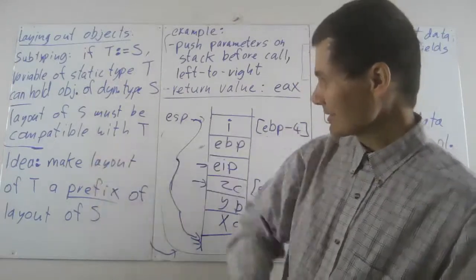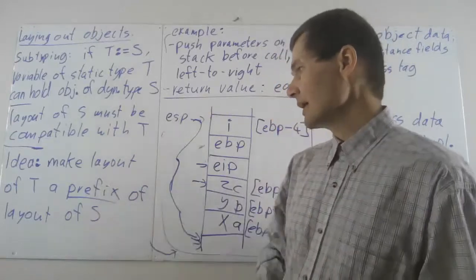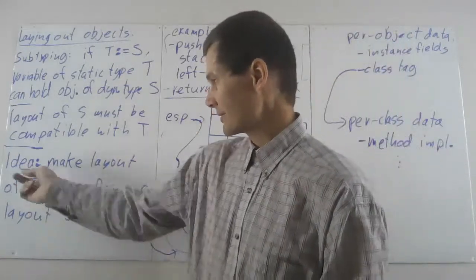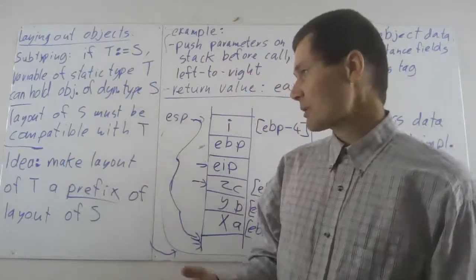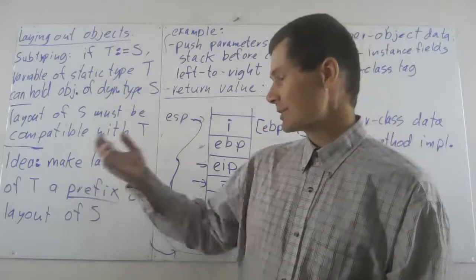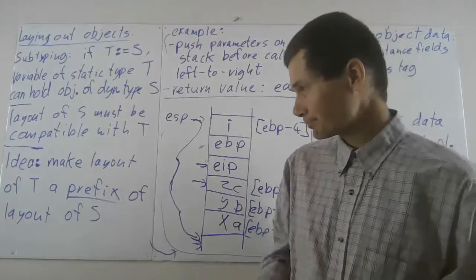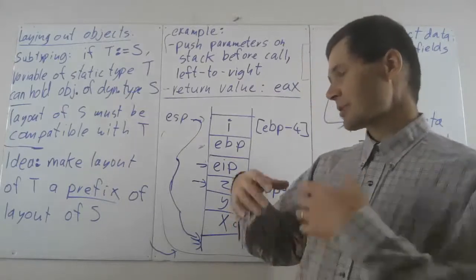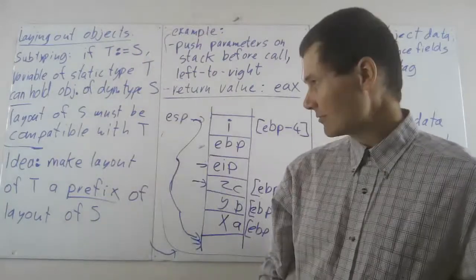The key idea is that the layout of an object S is going to be an extension of the layout of any other type T to which we can assign an S, at least as much as we possibly can. We'll see some cases later today where we can't actually achieve this. But for the most part, I'm going to make a prefix of that layout be the design of any superclass of that object.